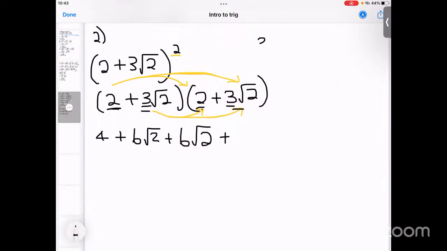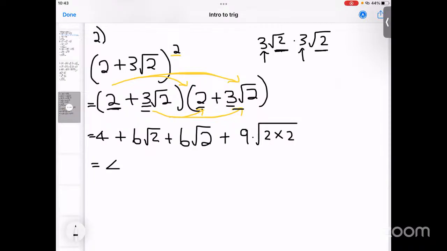It's like you are having that 3 square root of 2 multiplying again 3 square root of 2, whereby this multiplies with that. And you remember with the square roots, when you're multiplying those square roots, you just multiply the inside. So in other words, it's 3 times 3, which is 9, multiplied by square root of 2 multiplying the 2. You know most, this is not new, isn't it?